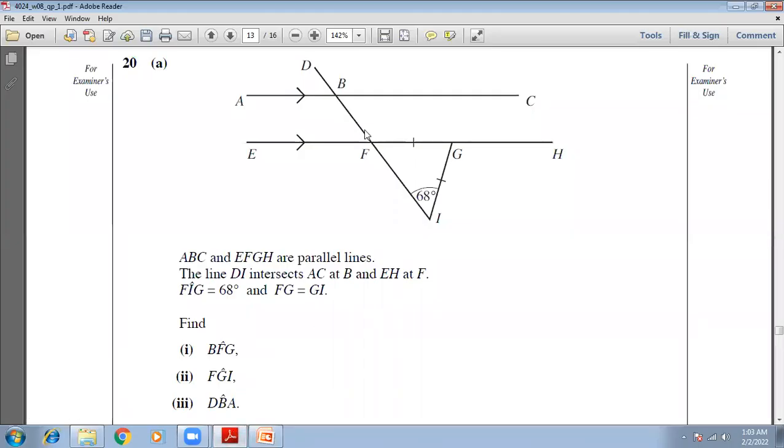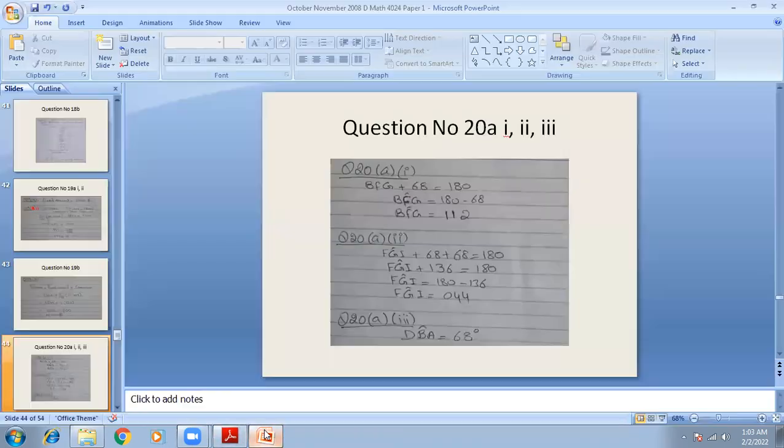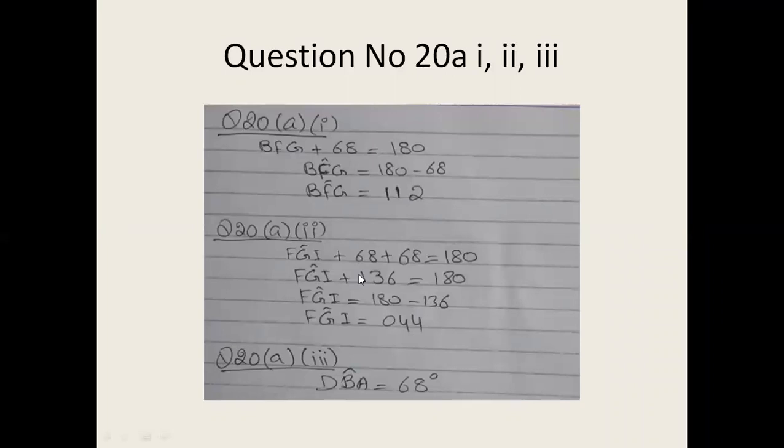So this is 68. So I know this is this. Okay, 180 minus 68. The next part is FGI. 68 plus G equals 180. You will be able to find the FGI. Okay. So FGI plus 68 equals 180. So FGI plus 136 is equal to 180.